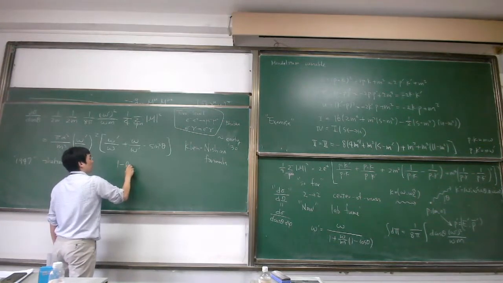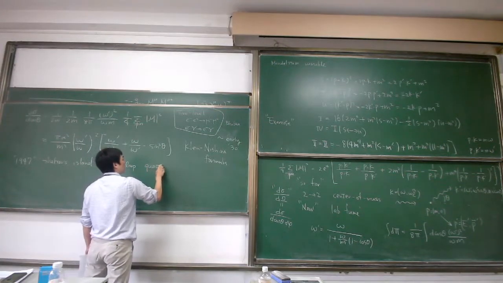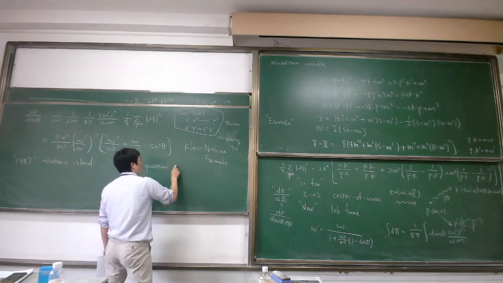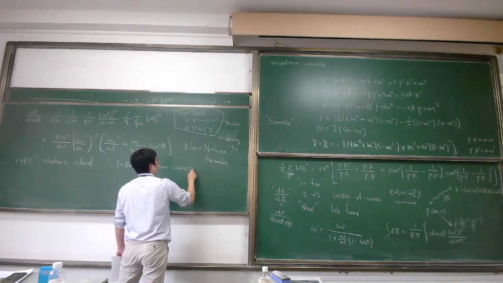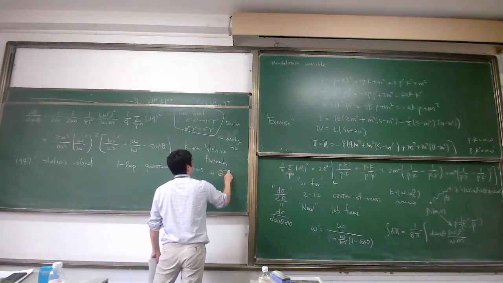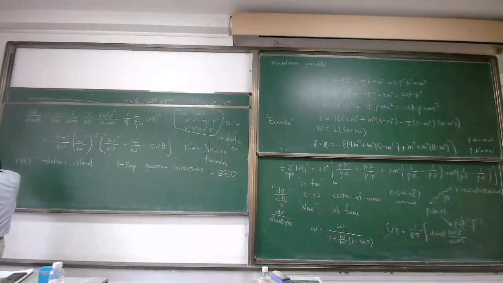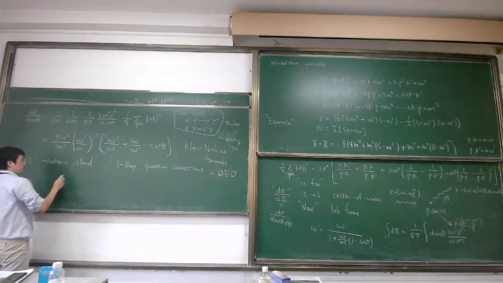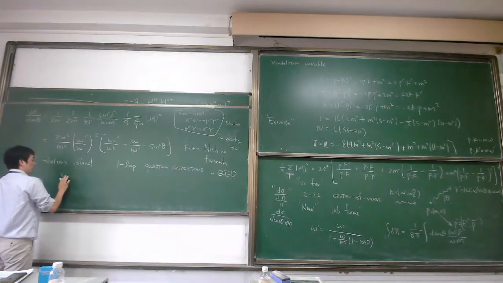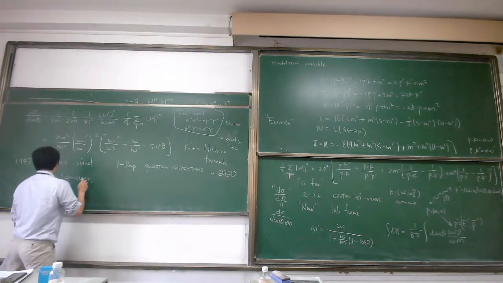So people developed one loop quantum correction, the technique in QED. The main persons who developed it are Julius Schwinger, and then Feynman.